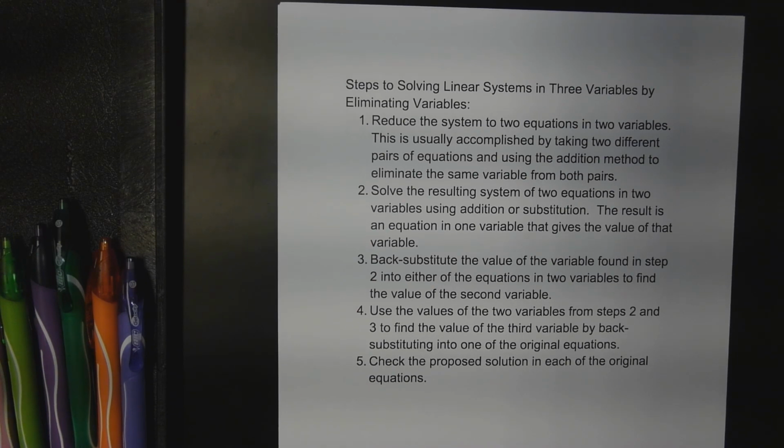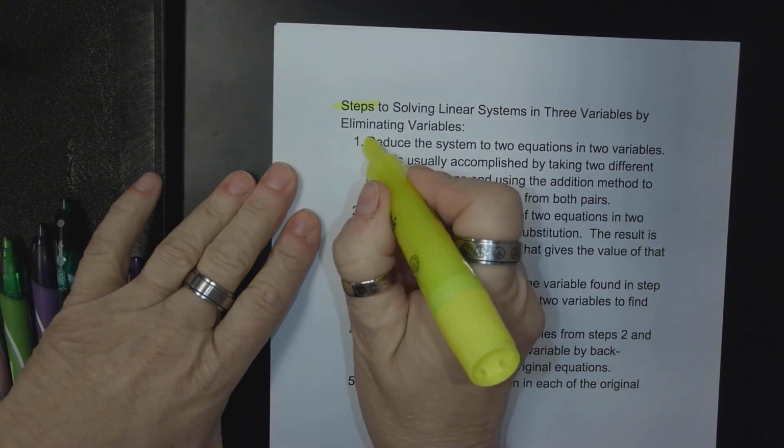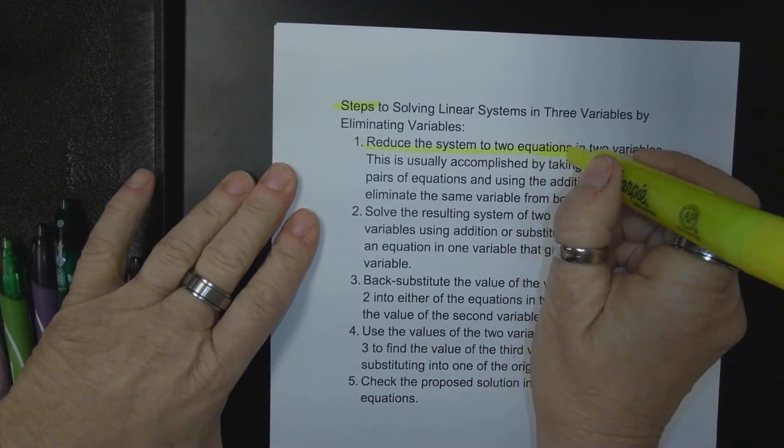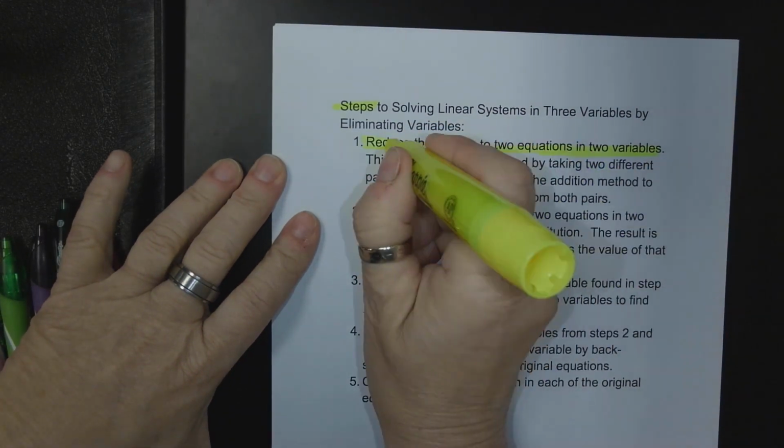Okay. Here are the steps for solving linear systems in 3 variables by eliminating variables. First thing we're going to do is reduce the system to 2 equations and 2 variables.